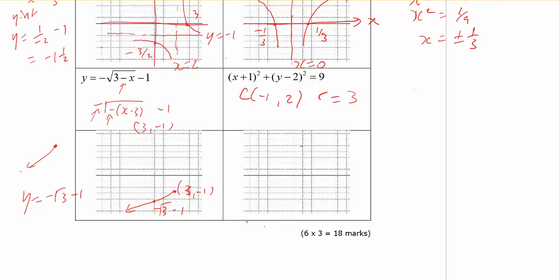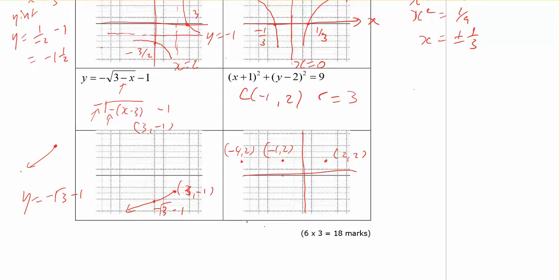So if this is the axis, then we know that the center's at negative 1, 2. The radius of 3, so I'm going to go 3 this way. So this will be 2, 2. I'm going 3 backwards, so this will be negative 4, 2.